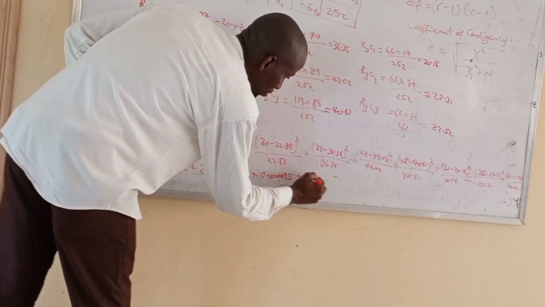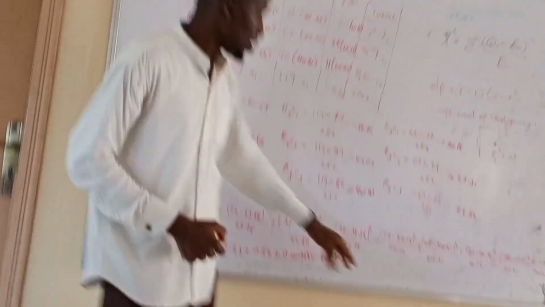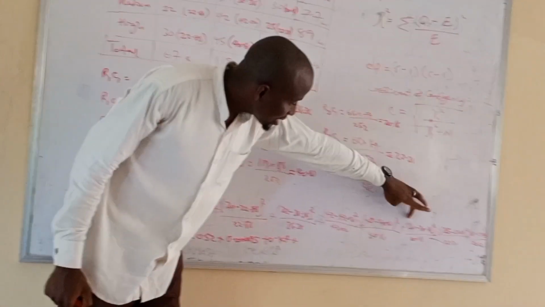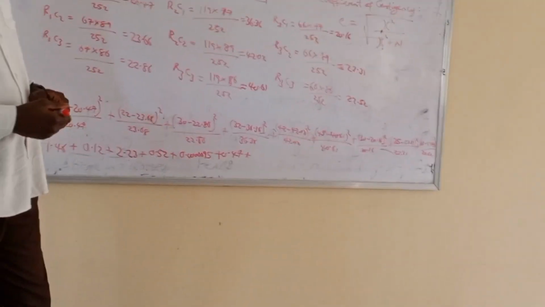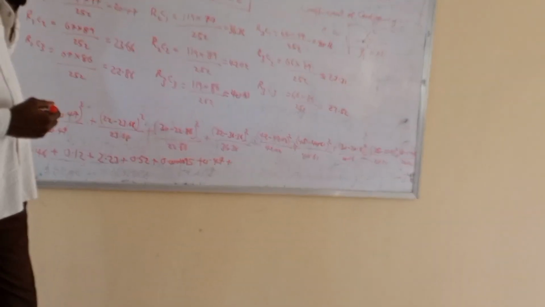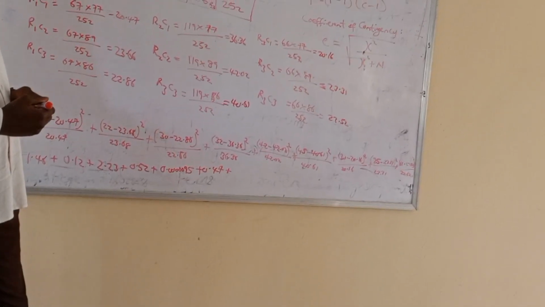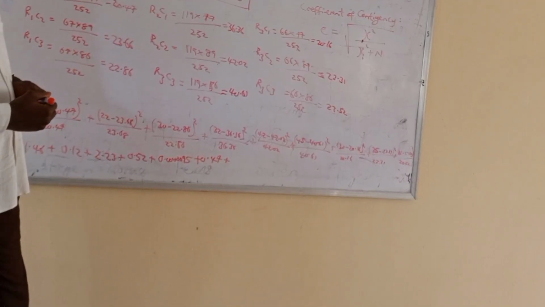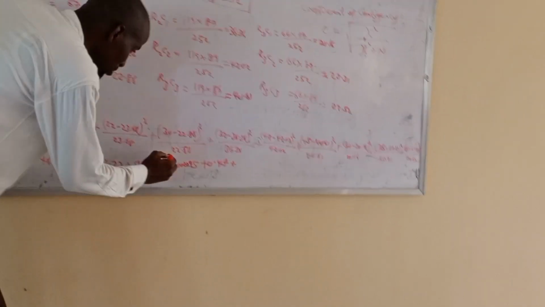Plus 0.47. So the next one, without wasting much time, 30 minus 20.16. 30 minus... Is it minus? If it is minus, no, then it's not minus.